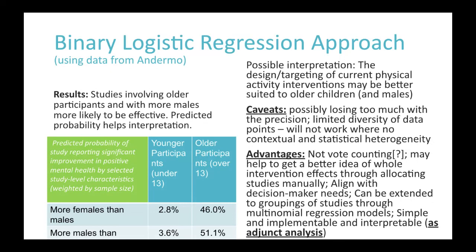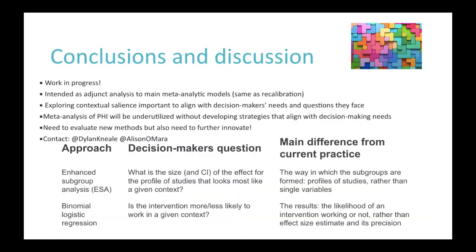And from the binary logistic regression, we were able to calculate predicted probabilities of a study reporting significant improvement in positive mental health. And we developed a number of caveats and advantages for this approach. And there's a lot of thinking still to do with this approach and the earlier approach as well. But just in the interest of time, I'll move to the next slide and to discuss the conclusions and the discussion.